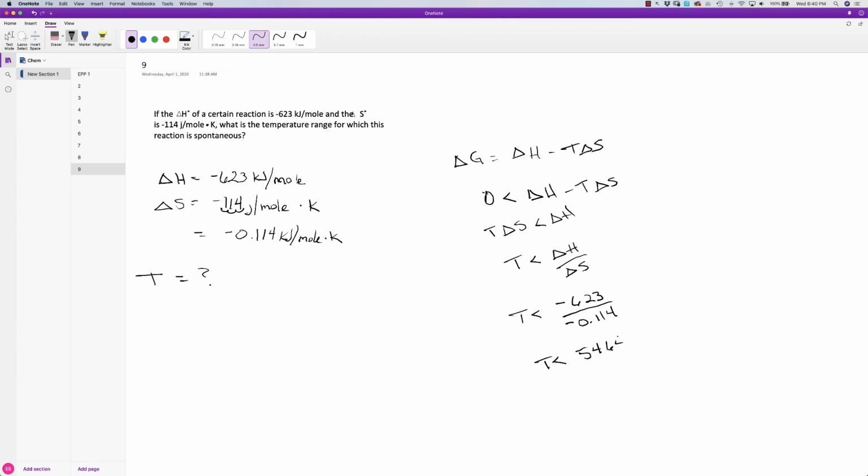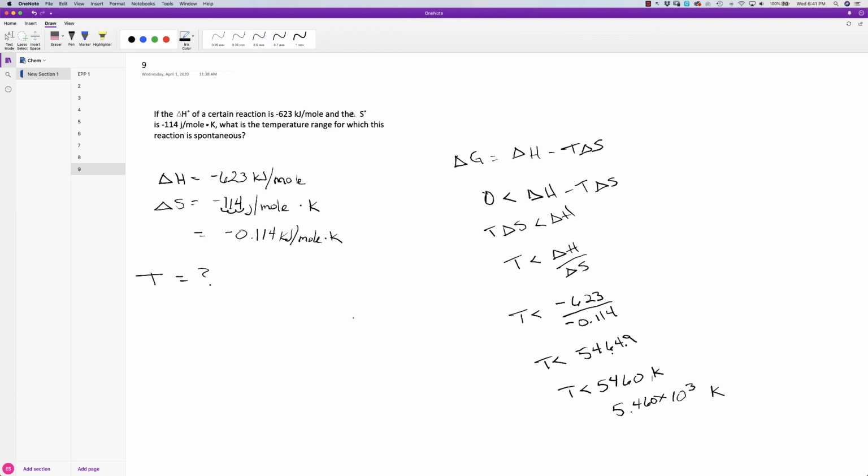That gives us our answer, but we have to take significant figures into account. We have 3, so that takes us to the 6. So temperature has to be less than 5460, or if we write it scientifically, 5.60 times 10 to the 3rd power Kelvin.